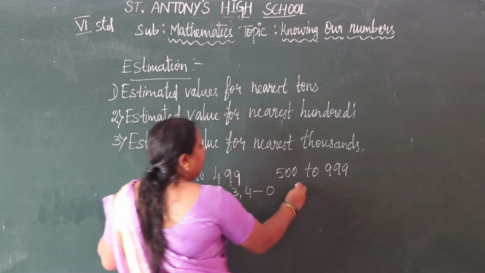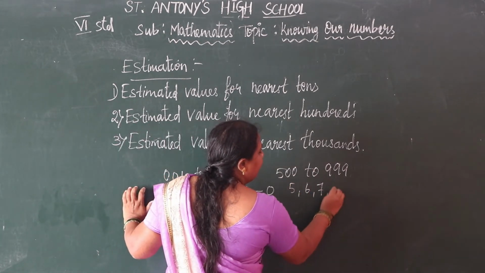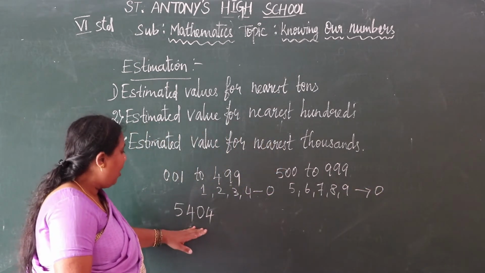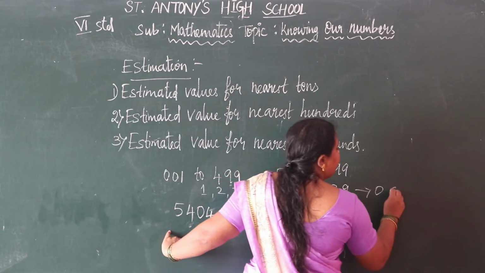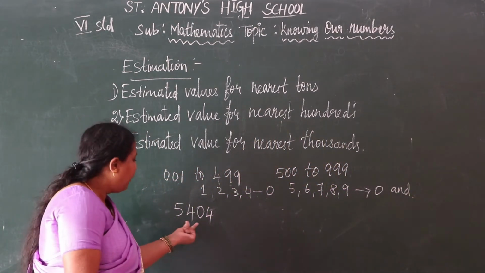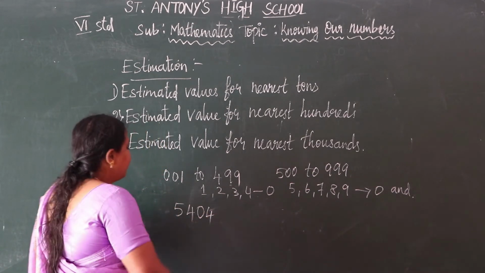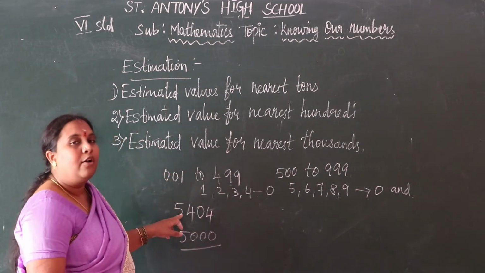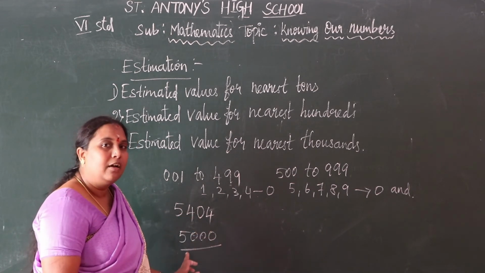If 5, 6, 7, 8, 9 come, it is rounded off to 0 and we increase 1 in the thousands place. Here we have 4, so it comes under rule 1 and we round it off to 0. So the estimated value of 5404 is 5000.